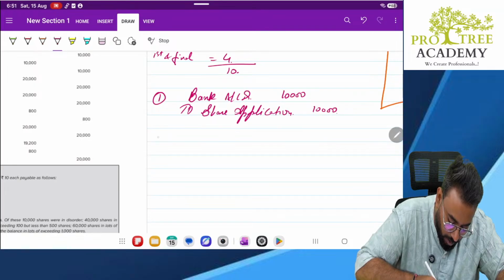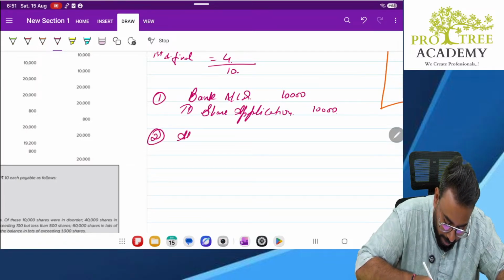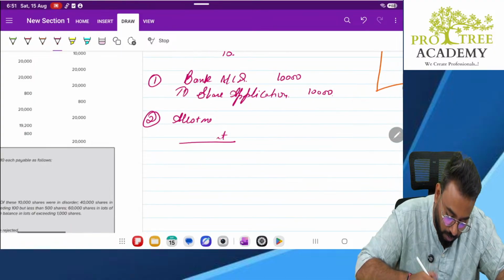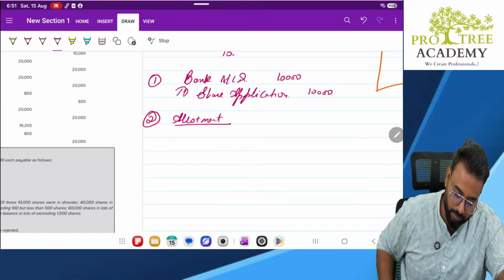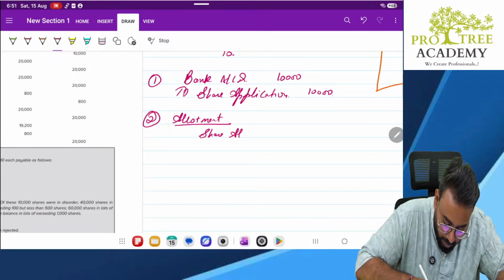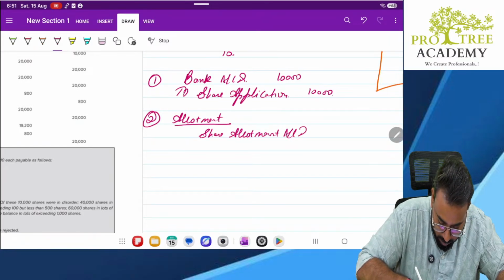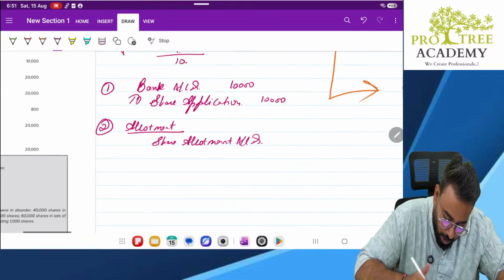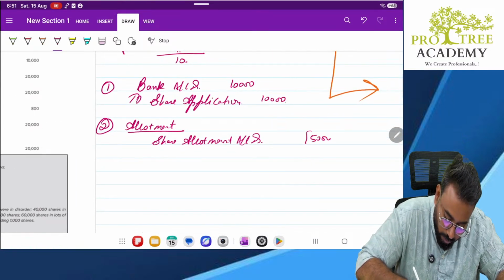Next. Allotment happens. Yes, sir. Allotment happens. What is the amount due on allotment? Share allotment account debit. How much? Sir, 5,000 into 4, sir. 20,000.